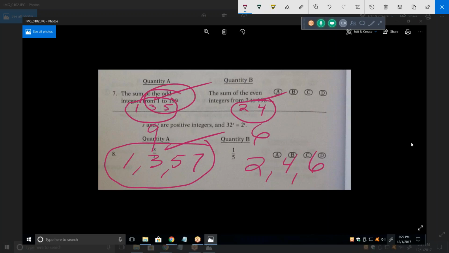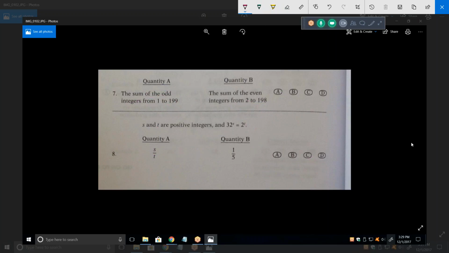So problems like this, where you can't actually do the full counting, in other words, there's no way I have enough time to list all the odd numbers between 1 and 199. But I do have the ability to do it for the same condition. In other words, 1, 3, and 5, which gives you 2 and 4 over here.